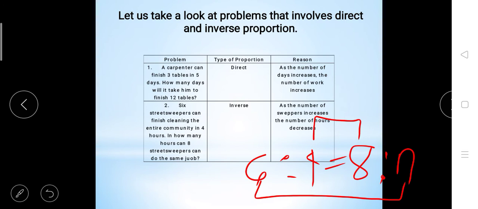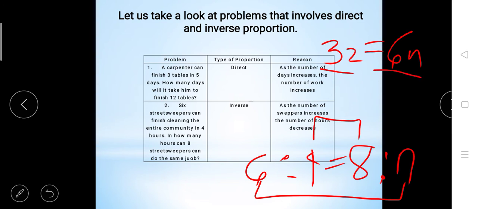Okay, so if you are asked to find out how many hours will it take the 8 street sweepers to do the same job, you have to compute. Okay? So 4 times 8, that is 32. Okay, so we will have 32 and then 6 times n will be 6n.